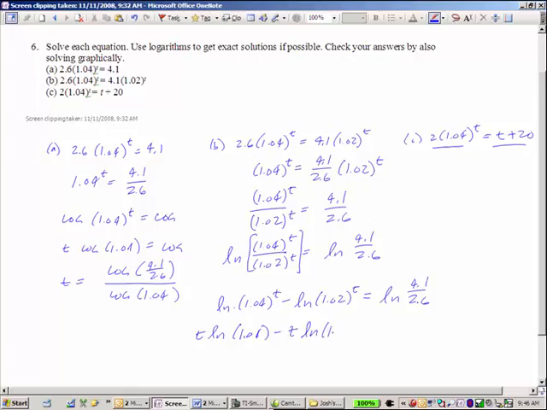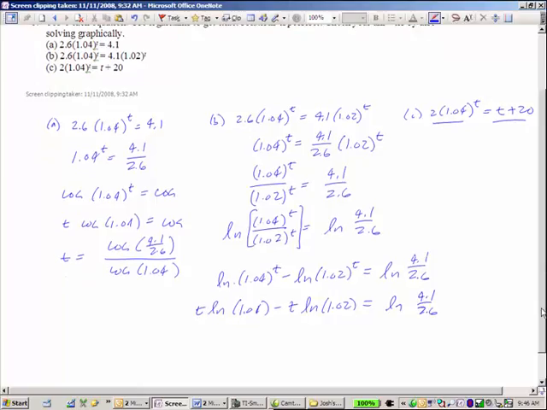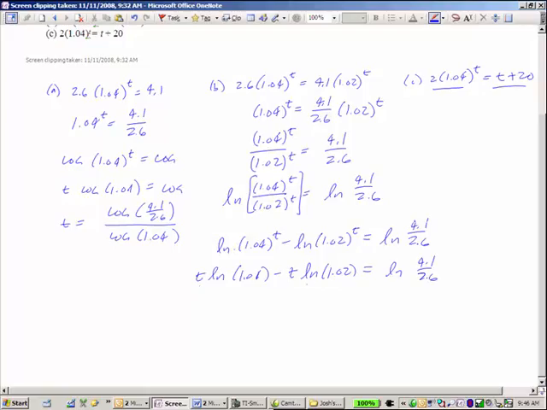And I need a clever step now. What do I do? To the left-hand side. I need to solve for t. You need to factor out the t.